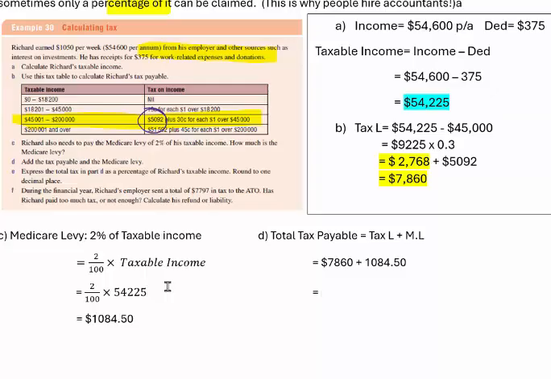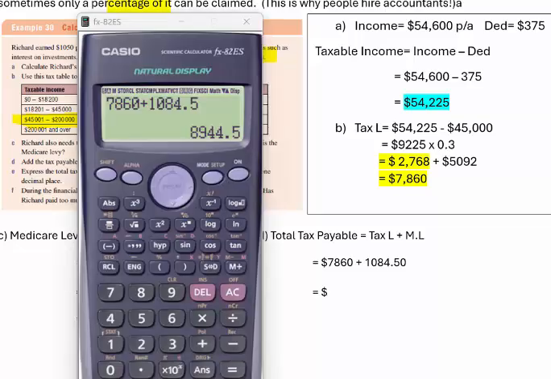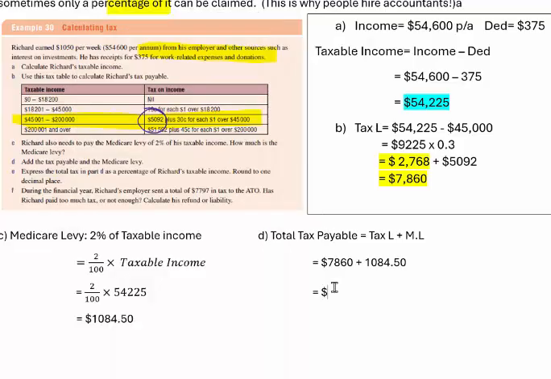So your total tax liability is those two added together, which is $8,944.50. So we'll round it up to $8,945 because the taxman doesn't like working in cents. The textbook might say differently, that's fine. So that's the total tax liability.